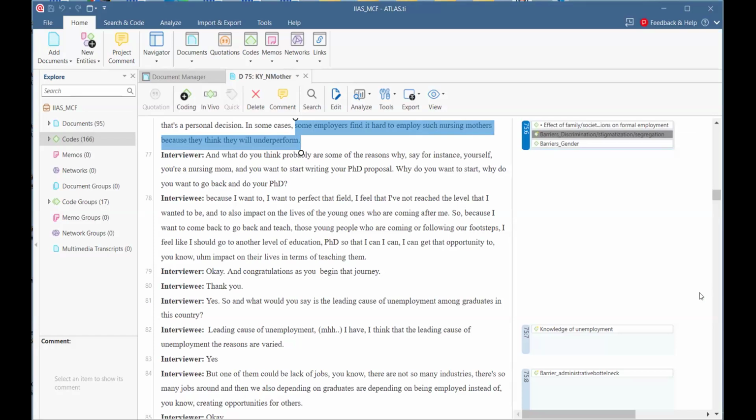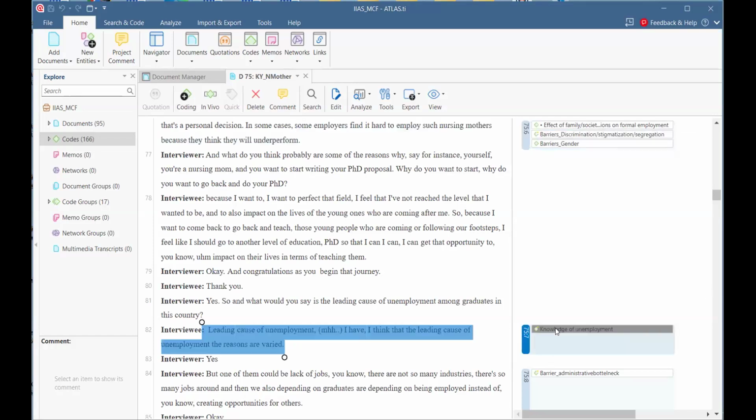Two, there is discrimination. Now see where we were when we started. The first question was to look at knowledge of unemployment. See another knowledge here. So what would you say is a leading cause of unemployment among graduates in this country?